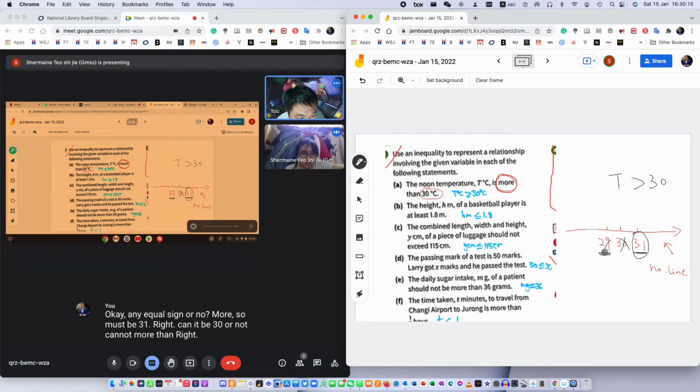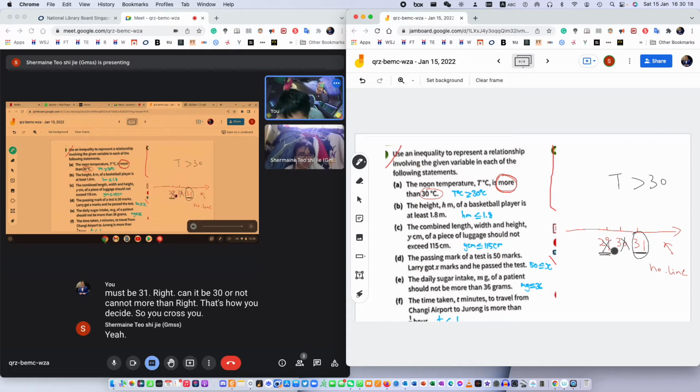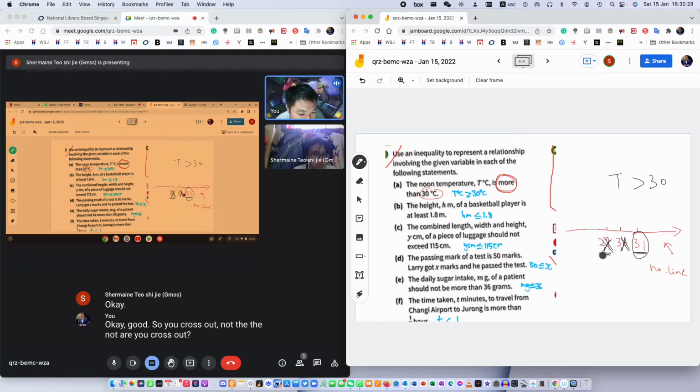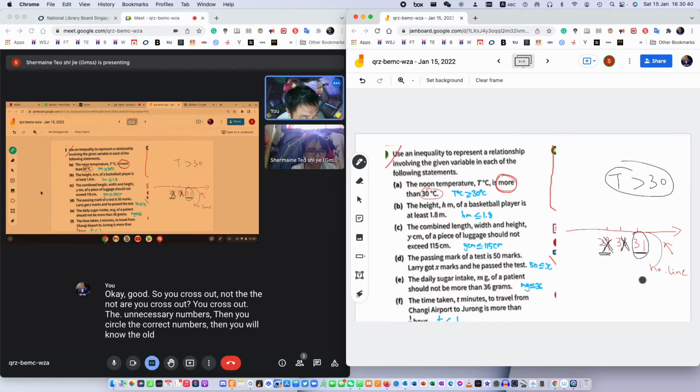That's how you decide. Don't play with your mic, can? So you cross out the unnecessary numbers, then you circle the correct numbers, then you will know that T is bigger than 30. Why is there no equal sign? There is no equal sign because you cross out the 30 also. Are you clear?